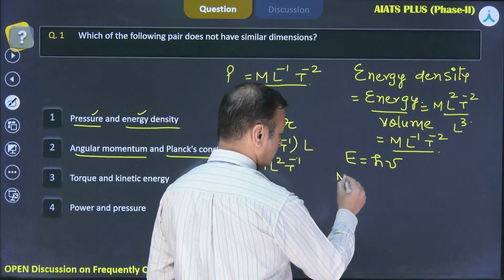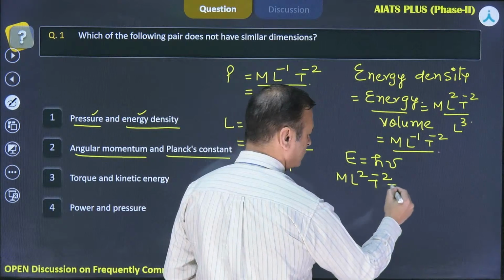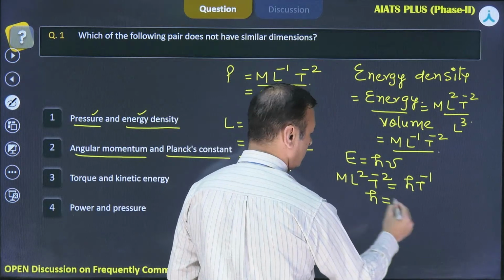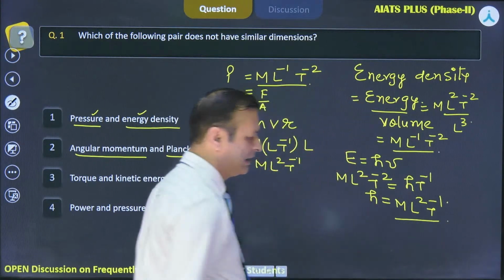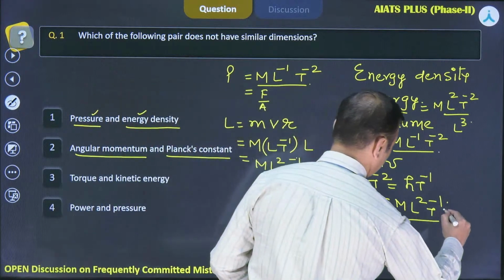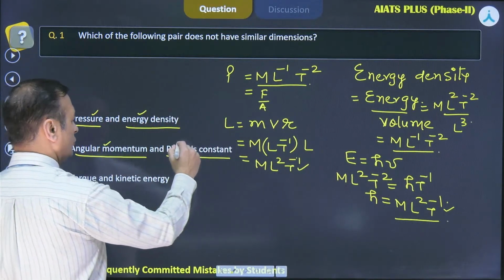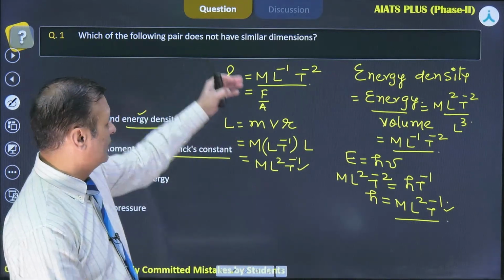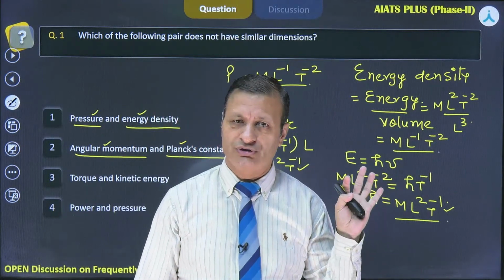Energy is ML^2 T^-2, and frequency is T^-1. So the dimensional formula for Planck's constant comes out to be ML^2 T^-1. So both the physical quantities, angular momentum and Planck's constant, have the same dimensions. Again, because we have to pick which does not have the similar dimension, this is not your correct option. Let's move further.